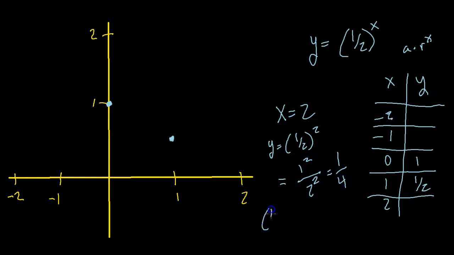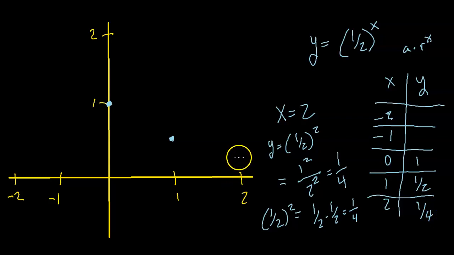Well, what does raising something to the second power mean? It means we're multiplying that base by itself 2 times. So we'll have 1/2 times 1/2, right? We know how to multiply fractions. That's 1 times 1 equals 1 in the numerator, and 2 times 2 equals 4 in the denominator, right? Either way, we get the same answer. When x equals positive 2, y equals 1/4.